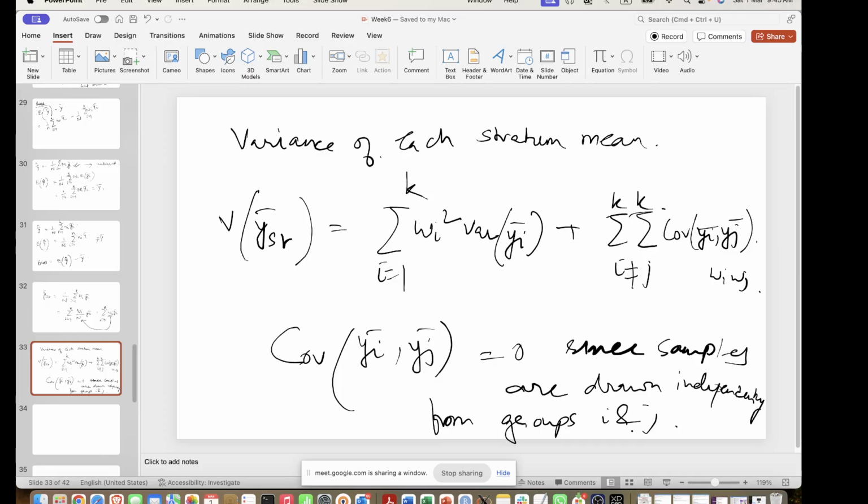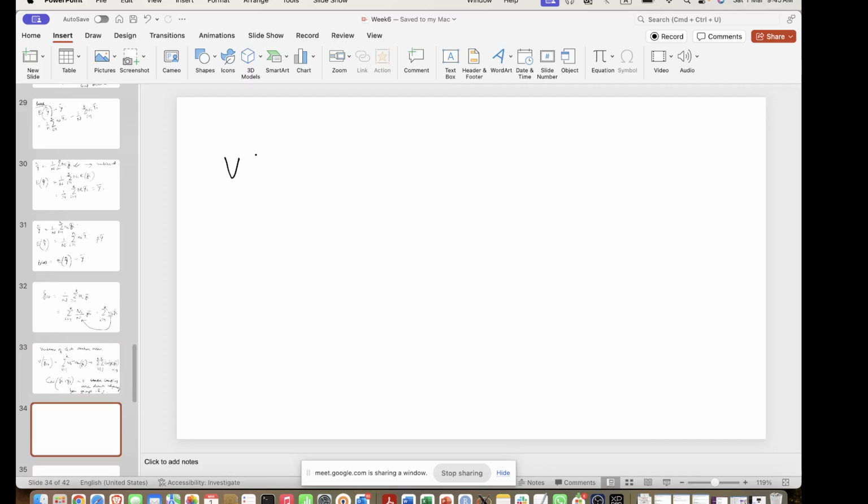Whatever strata from which I am selecting the sample doesn't depend on whatever I have selected in some other strata. It's completely random. So that is why these covariance terms will disappear and we would have variance of y bar st equal to summation i equal to 1 to k wi square variance of yi bar.